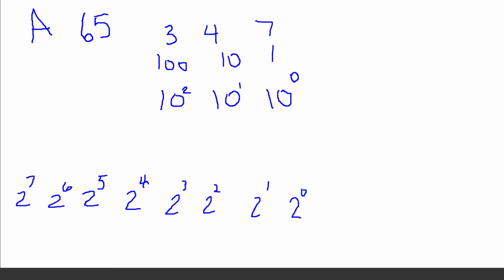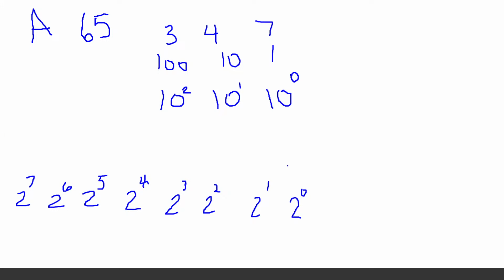Now we can go past that. We don't have to stop there. But this is our 8 place values, which we call an octet. O-C-T-E-T, octet, just means 8. A group of 8.